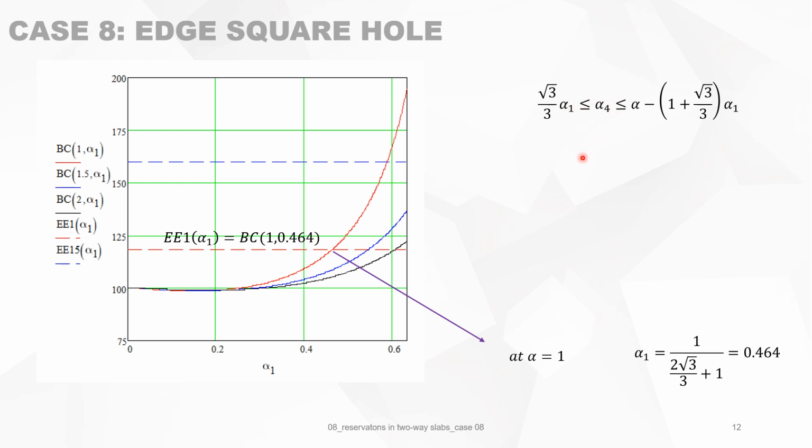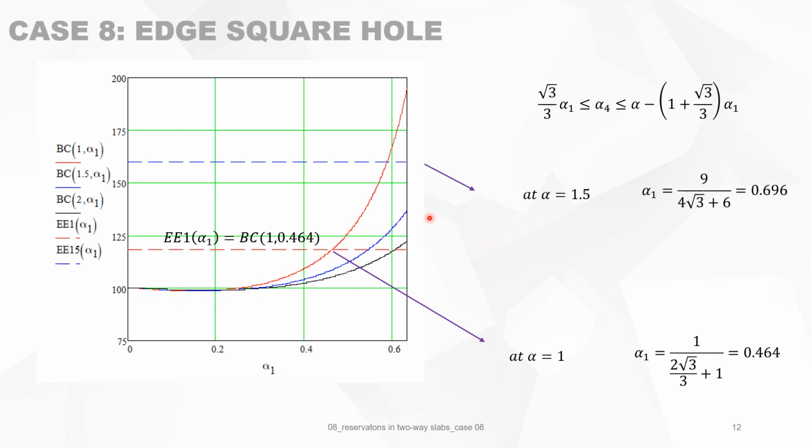So when you put in alpha equal to 1, then you will arrive at this alpha 1. So this dotted curve gives you the limit made by alpha 4. So this portion of the curve is not valid. It's only that portion of the curve.